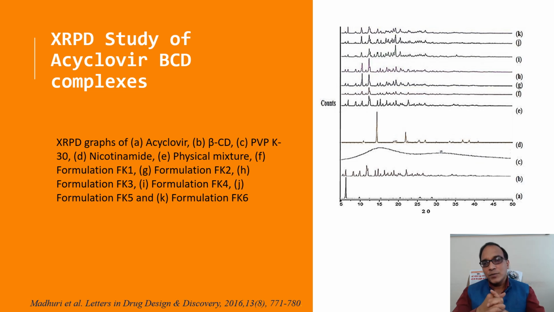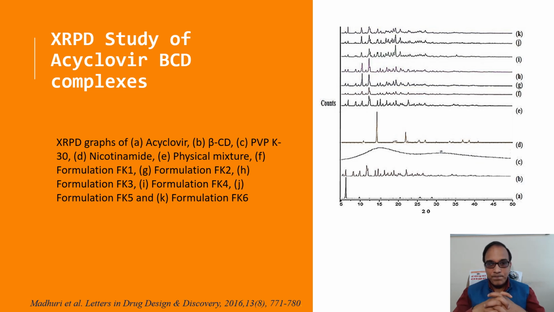Another example from the same drug is the acyclovir BCD complex. Now we are seeing the X-ray diffraction. Now what's the difference? At the bottom of this diagram, you can see the sharp crystalline peak of the drug, acyclovir. Then BCD's peaks are there in X-ray diffraction.